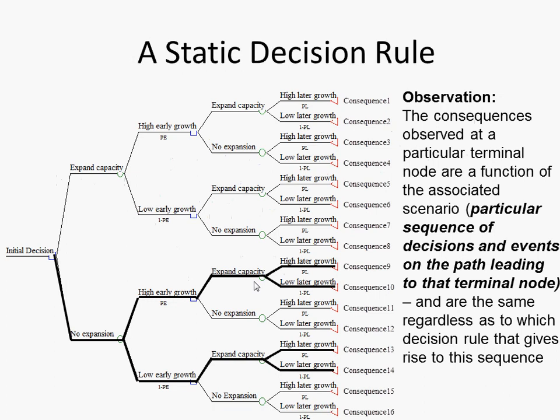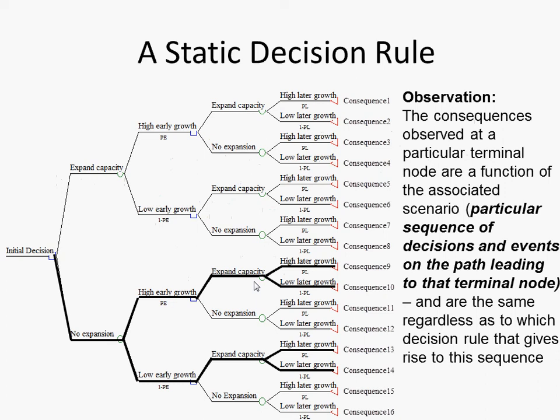Okay, so we talked about decision rules. This is a static decision rule because I'm doing the same thing. I'm making this choice: no expansion up front, expansion later, regardless of what's coming up. I don't need to worry about the vagaries of industrial growth, whether we have a really big boom time in the next 5 years or whether it's modest.